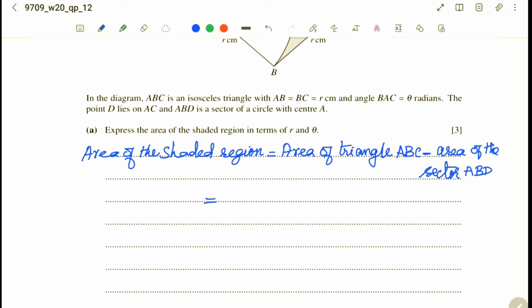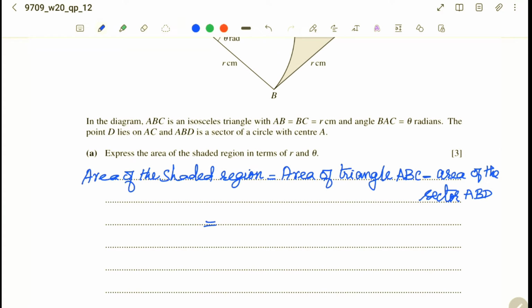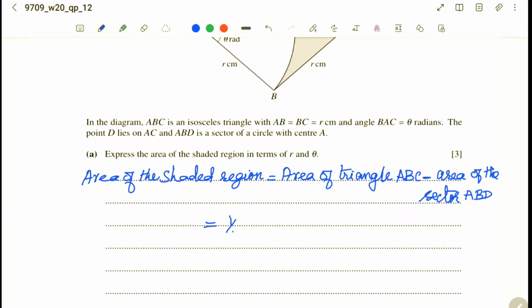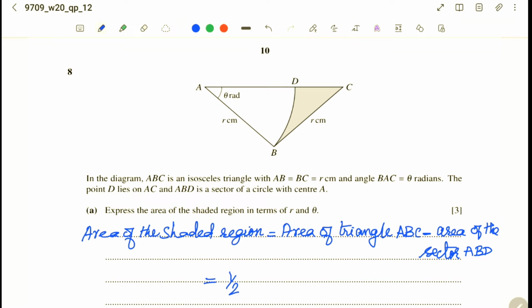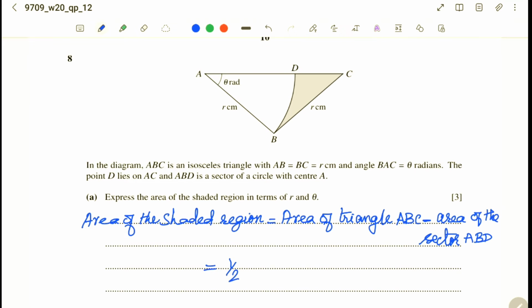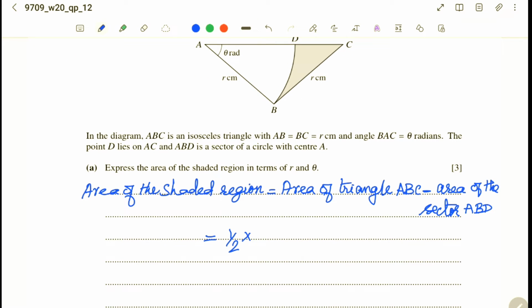Area of the triangle ABC is 1/2 of r multiplied by r multiplied by sine.